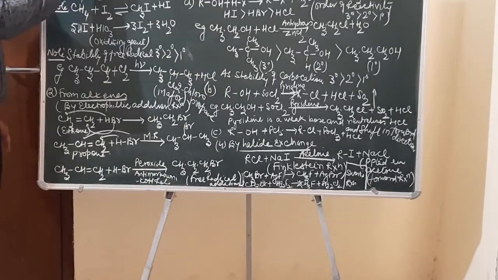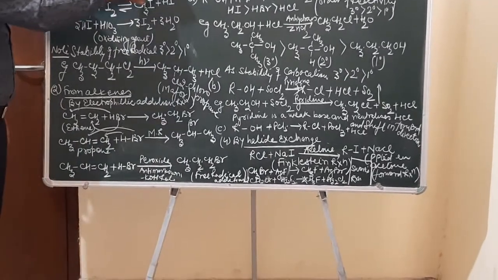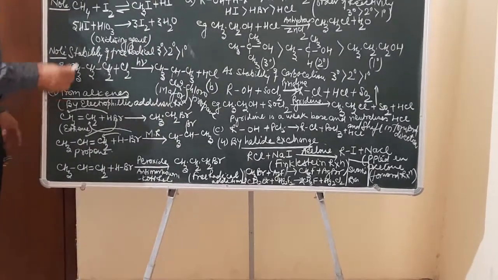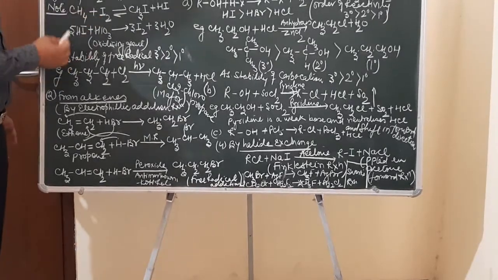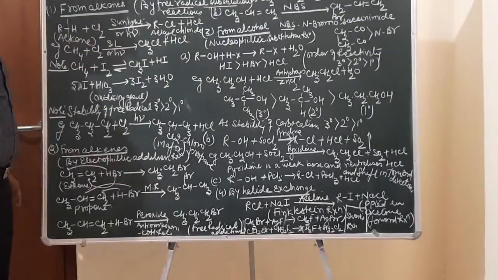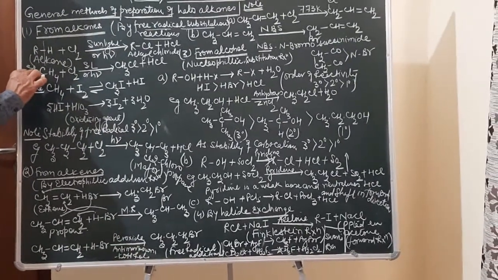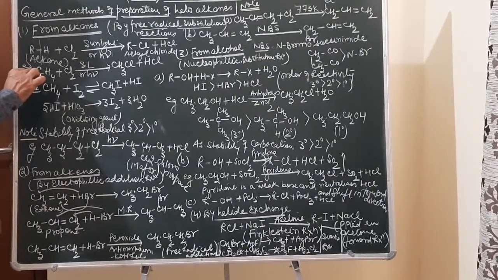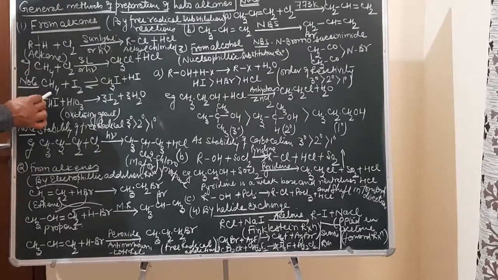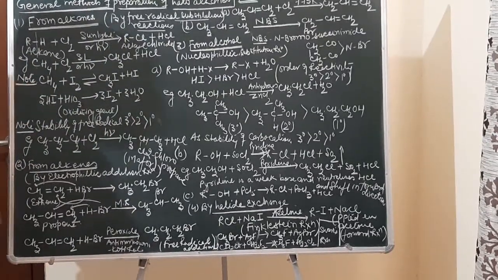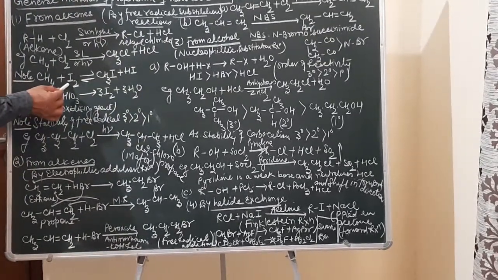Now, this halogenation of alkanes results in the formation of haloalkanes. The reaction can be easily carried out with chlorine. As we did in class 11, reaction with bromine is slow and reversible, while with iodine, the reaction is reversible.